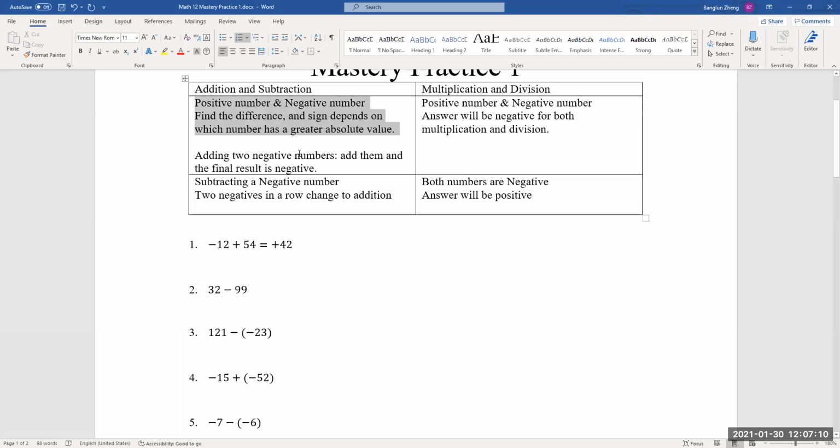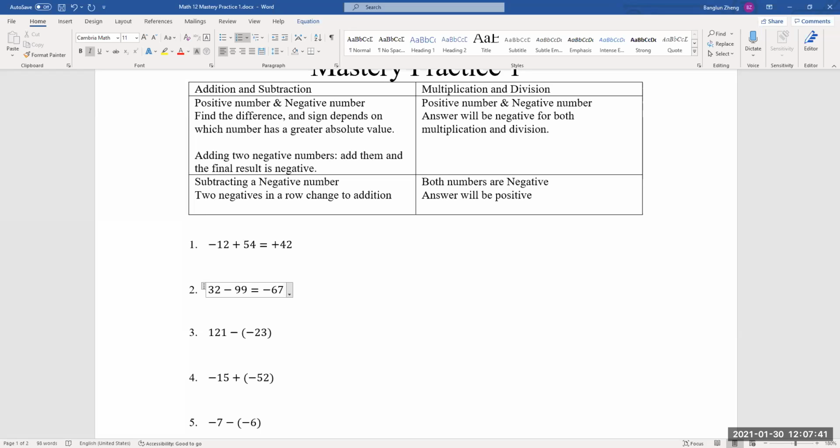But this time 99 has the larger absolute value, 99 is larger than 32, obviously. So our final answer in this case is going to be a negative number. When we find the difference of 99 and 32, the answer is 67. Our final answer is negative 67.